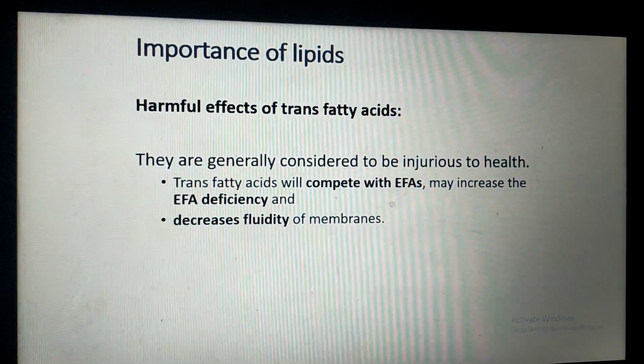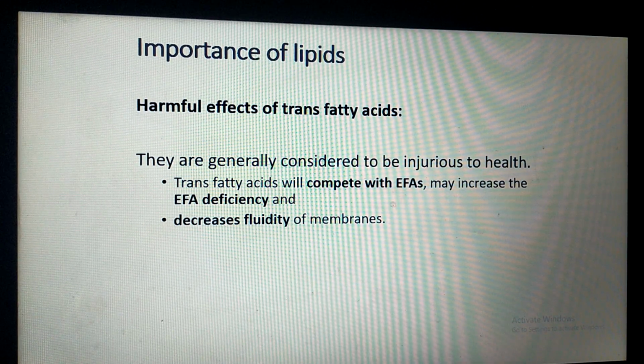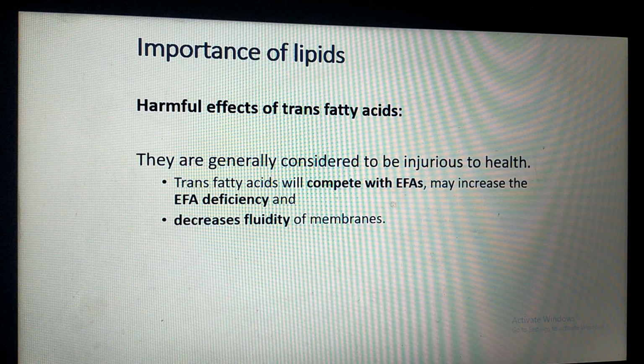Now what are the harmful effects of trans fatty acids? They are injurious to health. They compete with essential fatty acids for absorption and lead to deficiency of essential fatty acids. When trans fatty acids are consumed in large quantity, they get incorporated in the phospholipid molecules of the cell membrane.